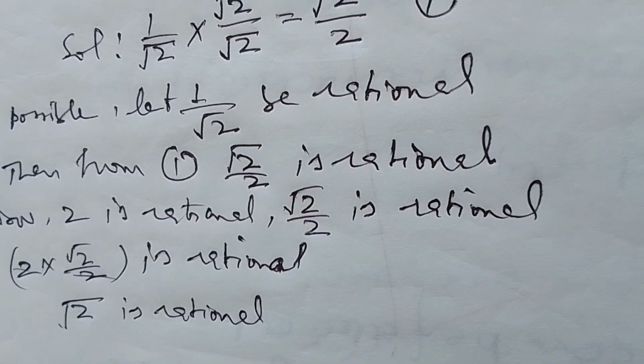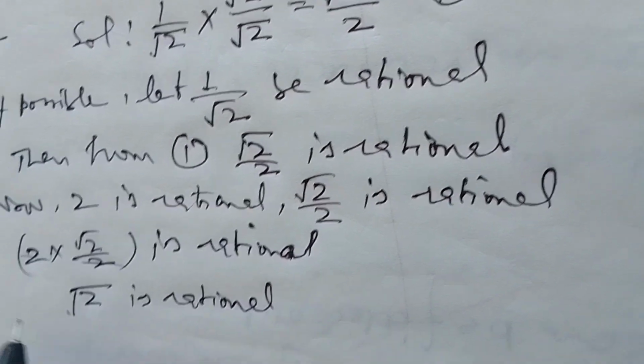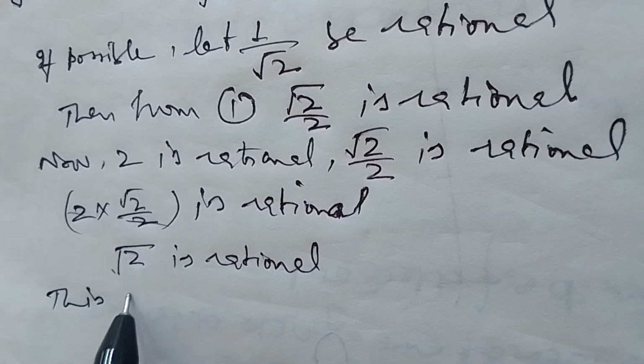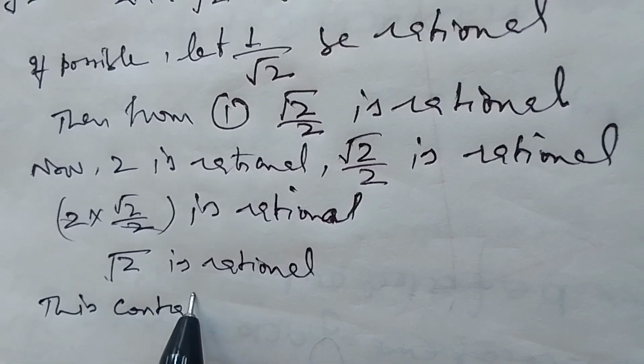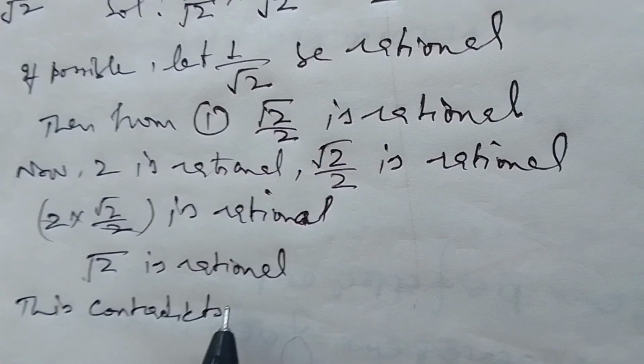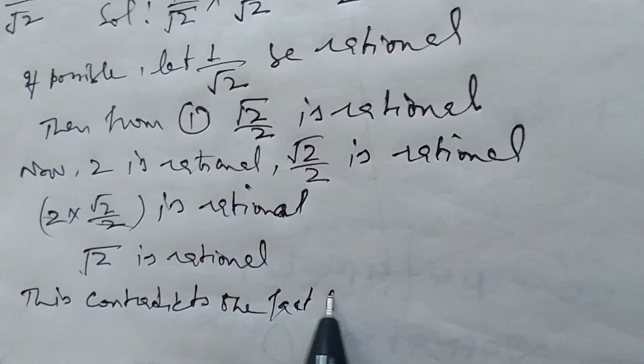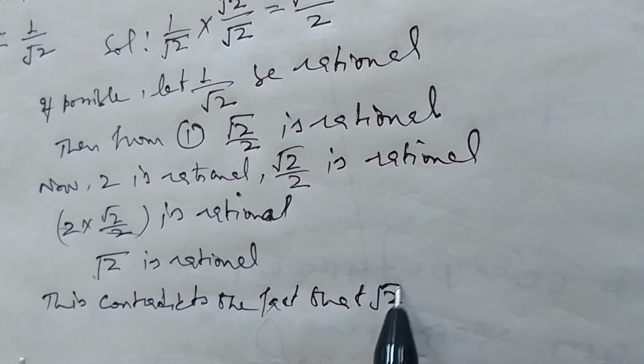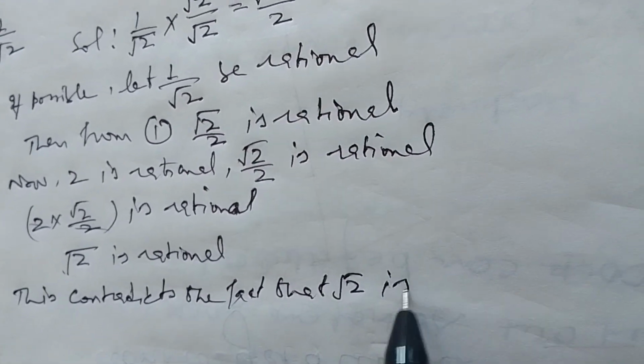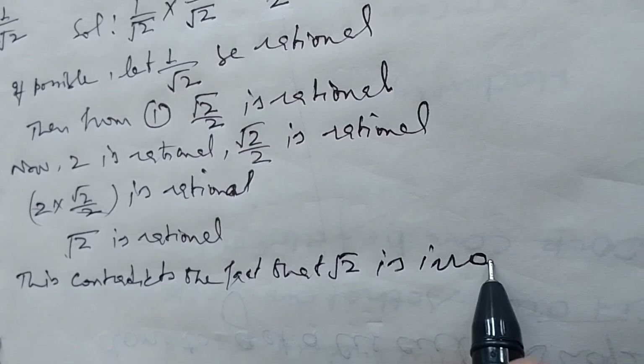This contradicts the fact that root 2 is irrational.